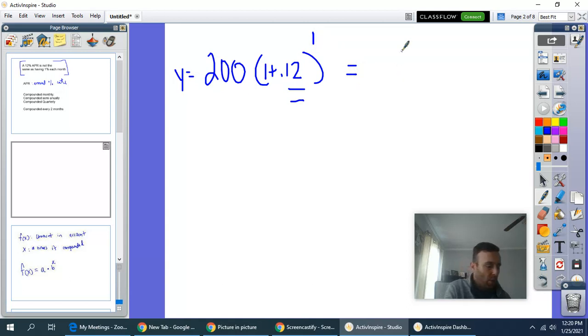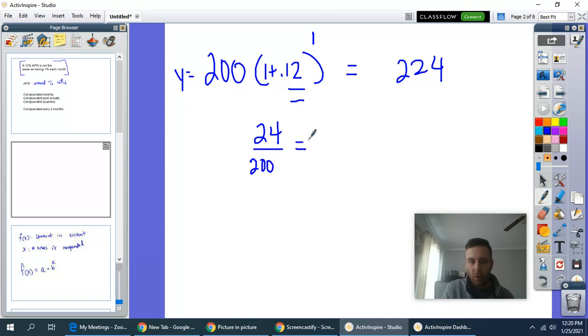When I do 1.12 to the first power times 200, you end up getting an amount of 224. And lo and behold, the extra money, the $24, divided by the original amount, 200, gives you back that 0.12, because really it's 12% more.